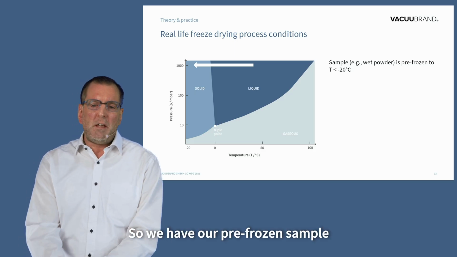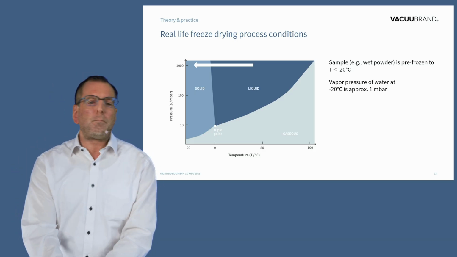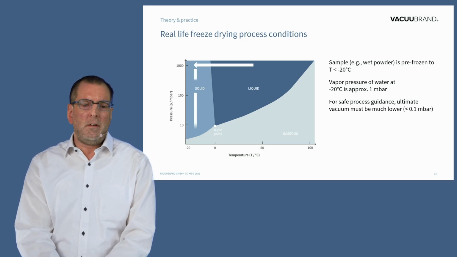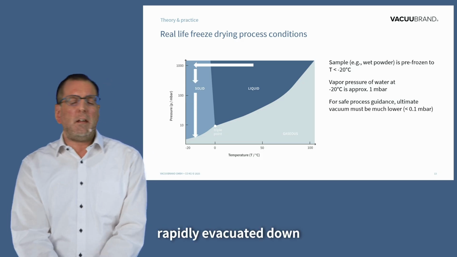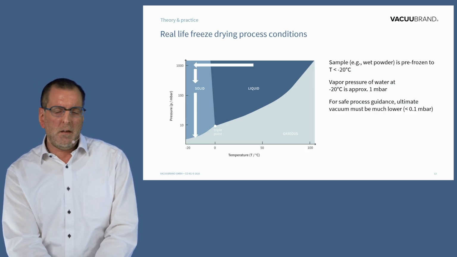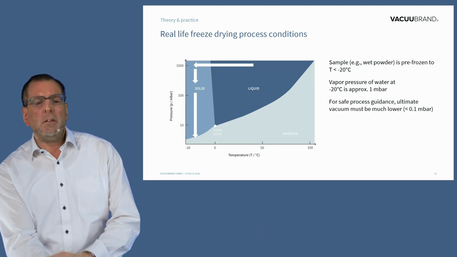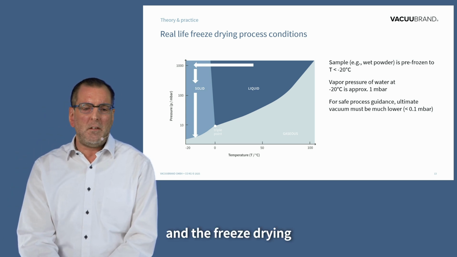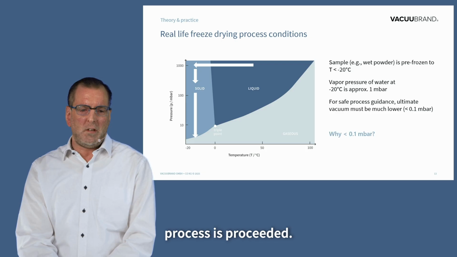So we have our pre-frozen sample that is then in the freeze dryer rapidly evacuated down to the sublimation curve of water in this case. From there, the sublimation, the transition to the vapor phase starts and the freeze drying process proceeds.